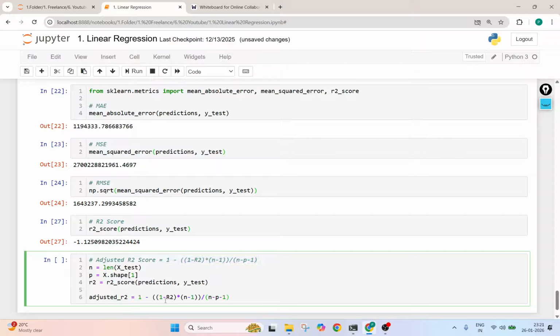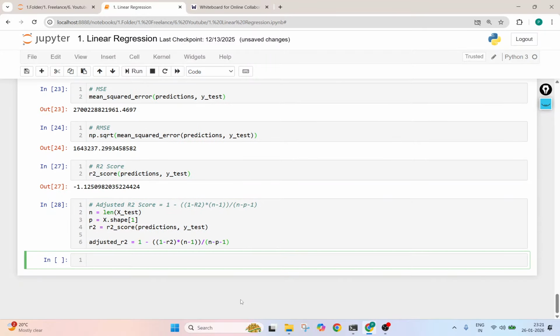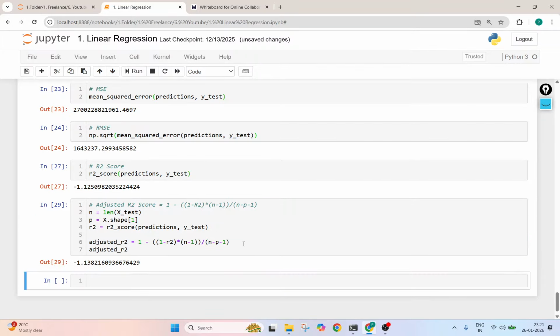So 1 minus R2, right, into n minus 1 divided by n minus p minus 1, right? And we also have to call it, forgot to call it. So this is the adjusted R2 that we get.